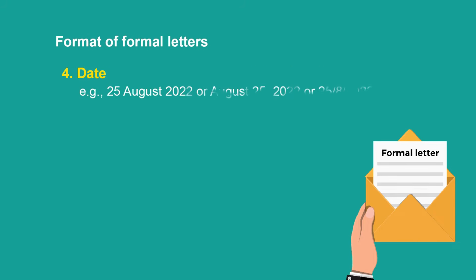The fourth is date, which is a compulsory element. There are various ways to write the dates. For example, 25th August 2022 or August 25, 2022 or 25/8/2022.